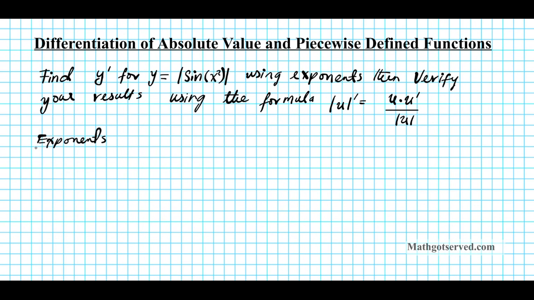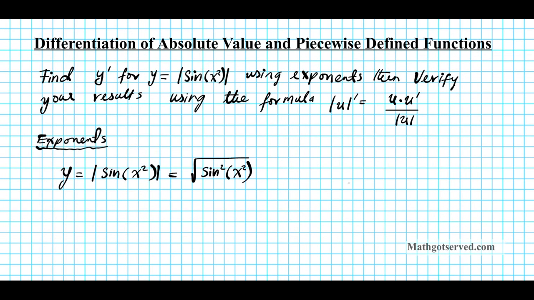The idea of finding the derivative using exponents? Well, that involves rewriting this absolute value function using exponents. Okay, so the absolute value of sine x squared can be written as the square root of sine squared of x squared.